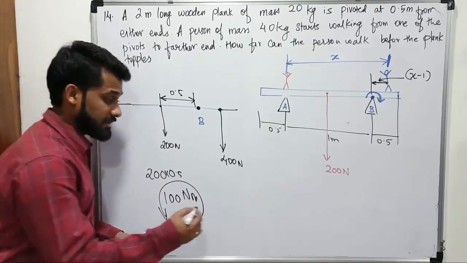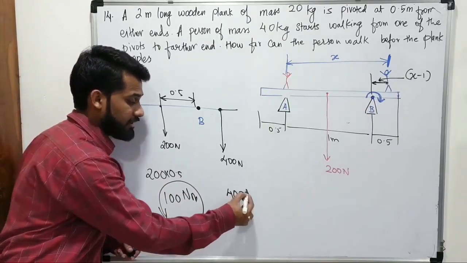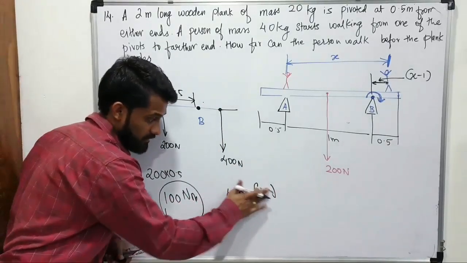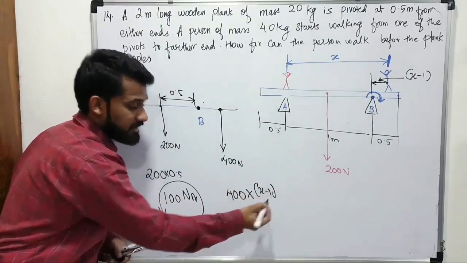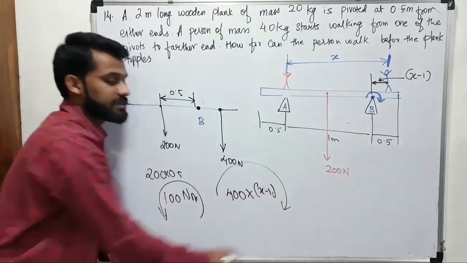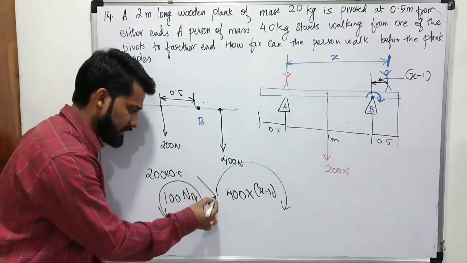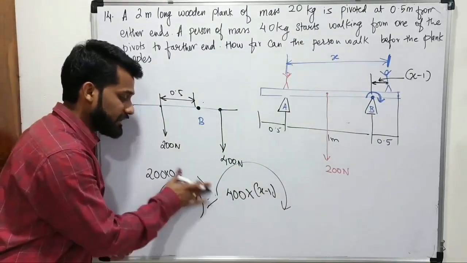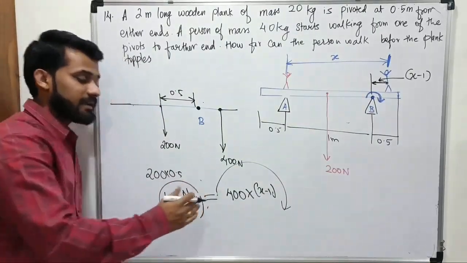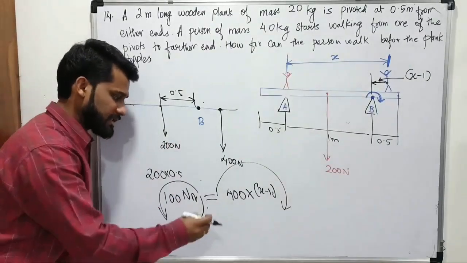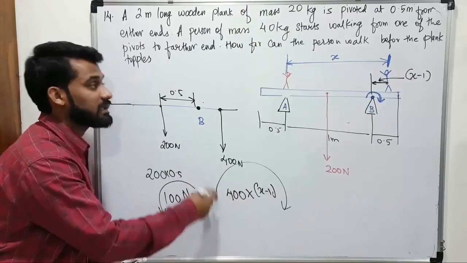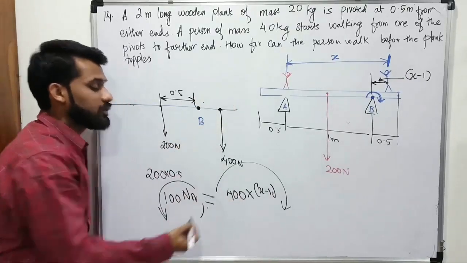Whereas the person is exerting torque of 400 into x minus 1 in clockwise sense. As long as this torque is smaller, the plank is not going to topple. Even when these two are equal, the plank is not going to topple. It will just topple when it exceeds the value. So up to what maximum value of x is the plank not going to topple? We need to equate them.